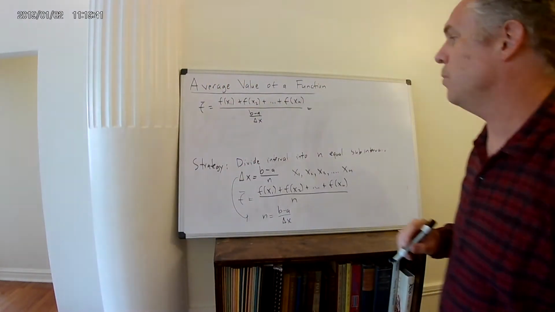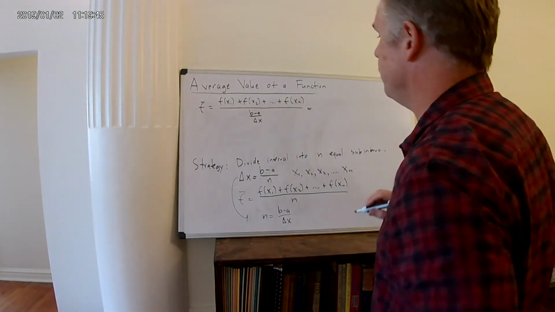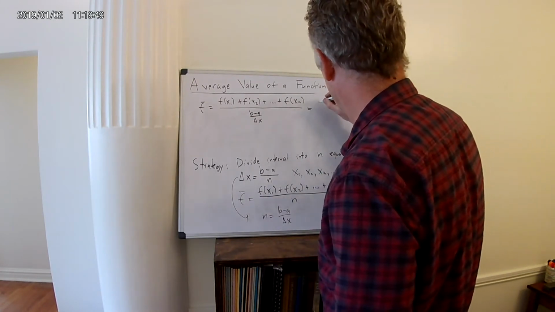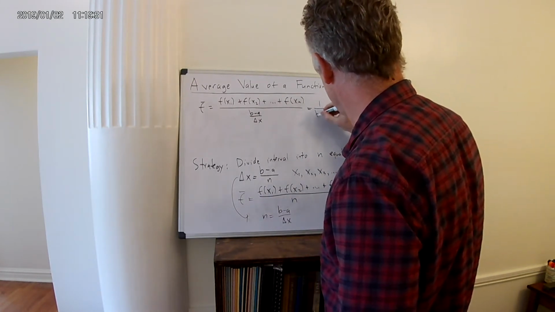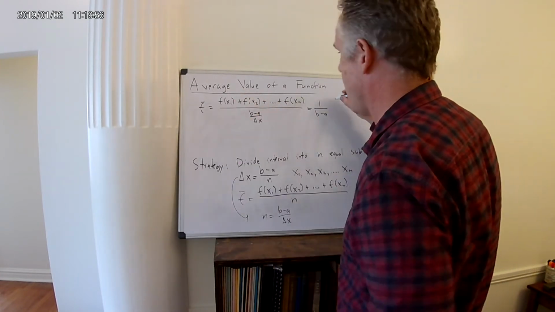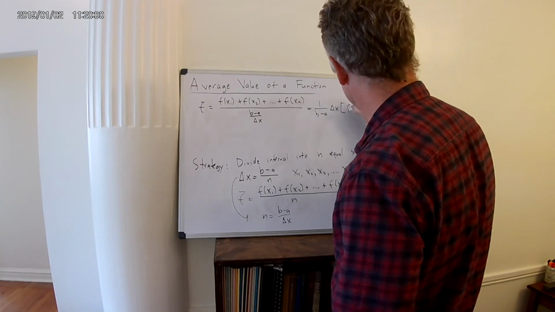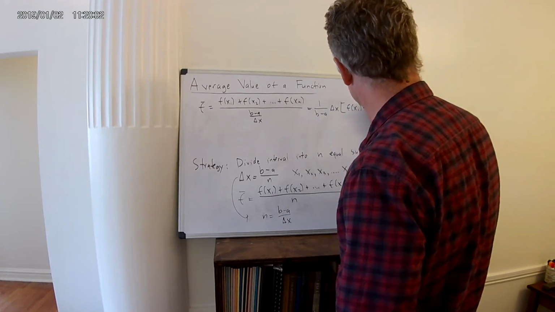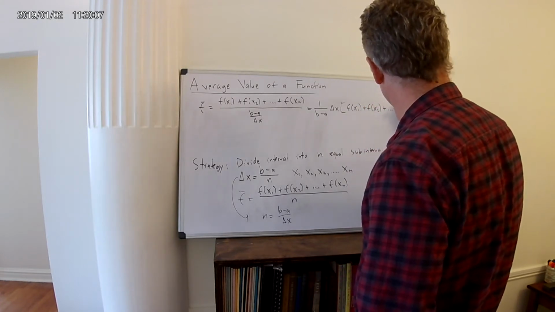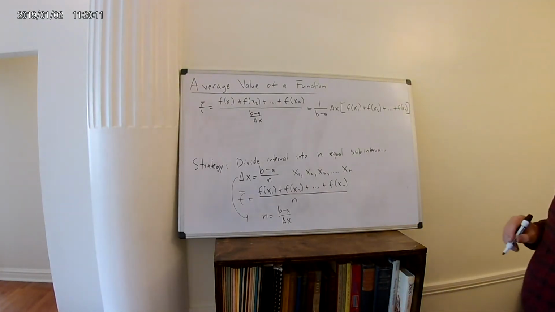Now I can take the reciprocal and multiply by what's upstairs, and I get 1 over b minus a, pulled out in front, times delta x times f of x sub 1 plus f of x sub 2 plus dot dot dot plus f of x sub n. So I get this for my average value of the function.